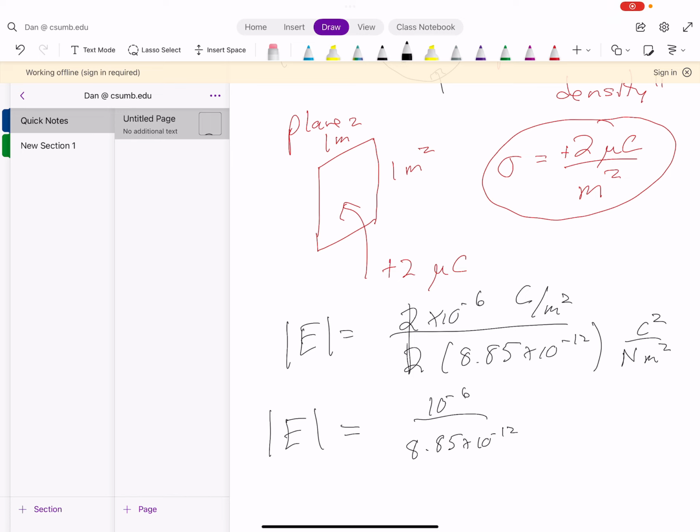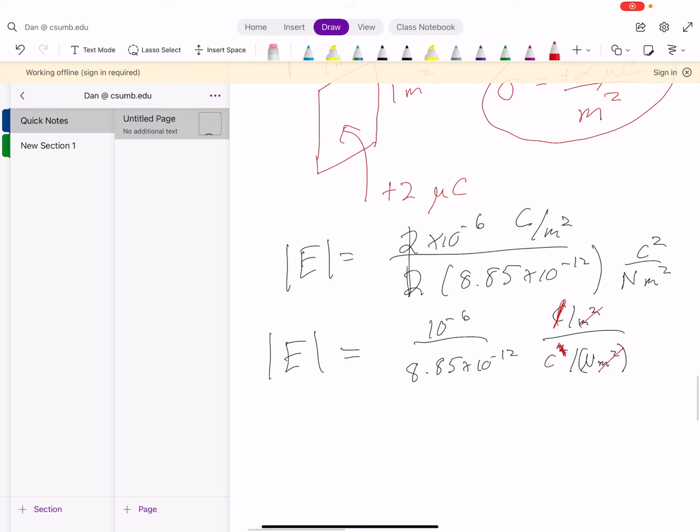I'm going to have coulombs per meter squared divided by Coulomb squared per Newton meter squared. So let's see what cancels. I'll do this once, the units thing, because you'll see it all works out. So the meter squareds cancel. One of these coulombs cancels one of those coulombs. So on the bottom I have coulombs per Newton.